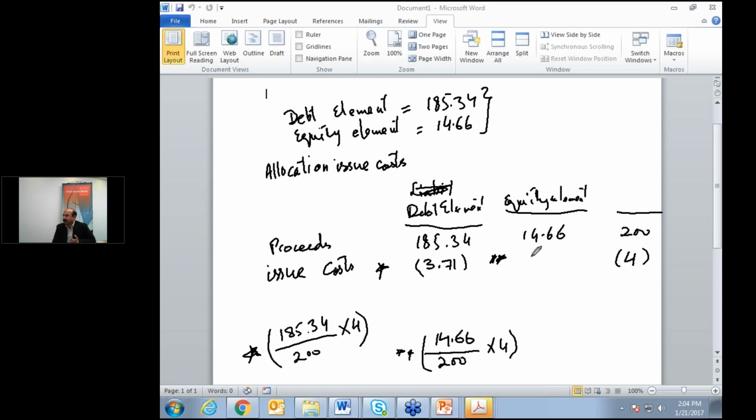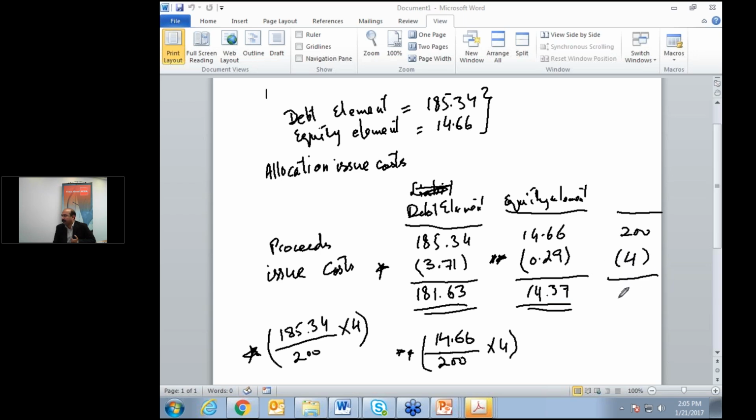So this will give us 0.29. So this way you will allocate the issue cost to each element.